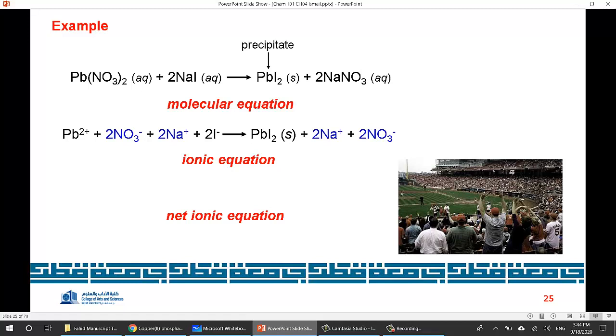The real players in this case are the Pb2+ and the 2 I−, and the PbI2 solid. But the Na+ and the NO3− are just the spectators, just watching. So we cancel them out from the ionic equation, and the net ionic equation would be Pb2+ plus 2 I− forms PbI2 solid. That's what is really going on in this reaction. That's the net ionic equation.